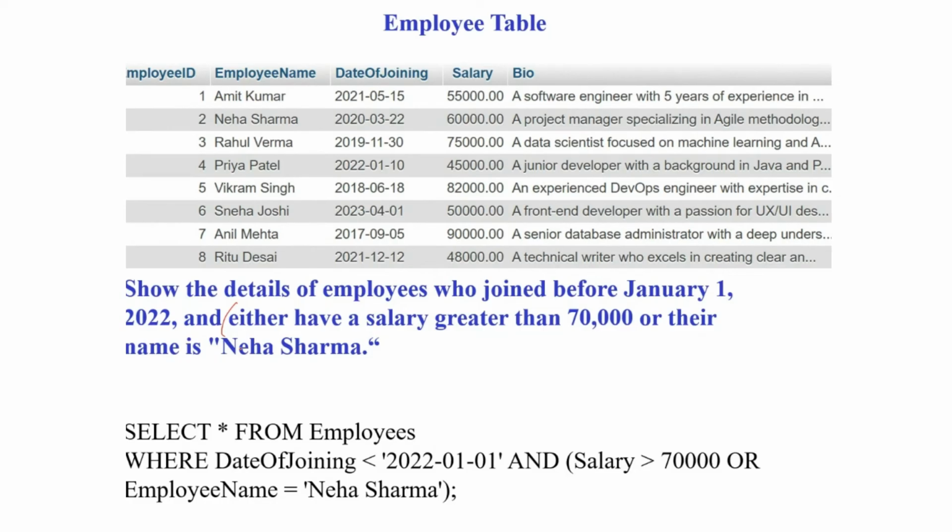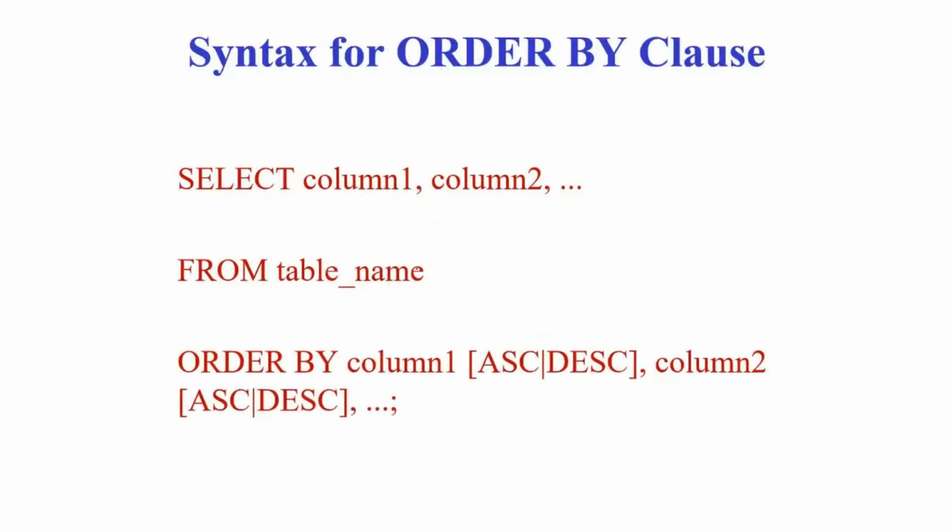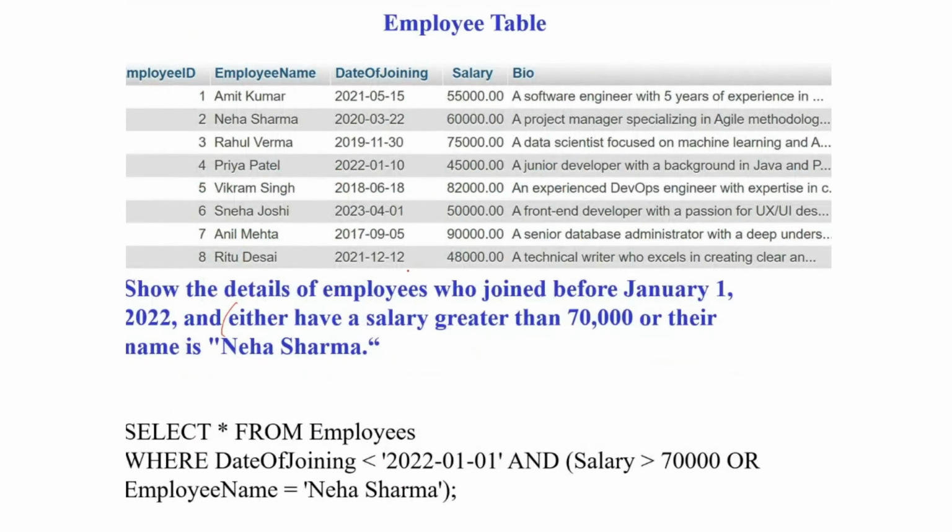So 1st January 2022, after this is one condition, and the second condition is either Neha or a salary greater than 70,000, you have to select. This is the complex query. We would see the output on our SQL interface. Then I will take you to the SQL interface. There I will try to show you the data as well as the query also.